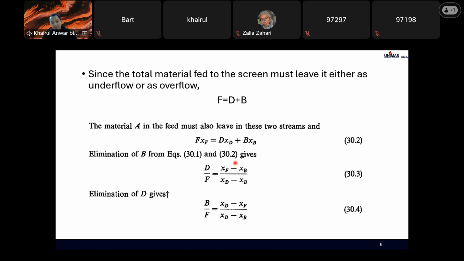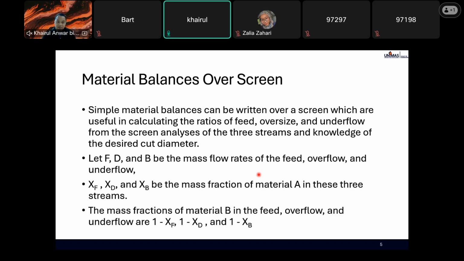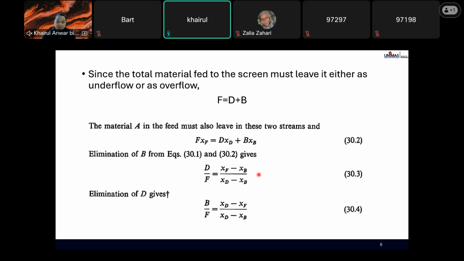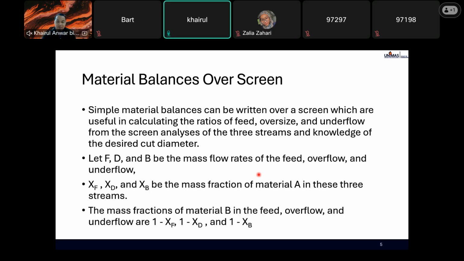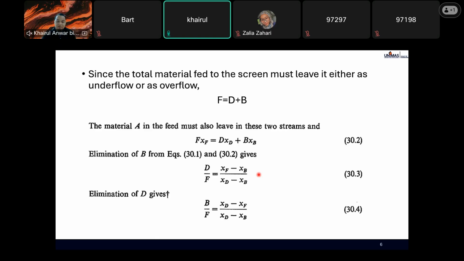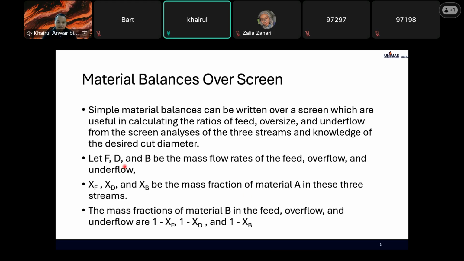So after this, the equation, D over F is what we call the ratio of feed. So the ratio of overflow to feed. B is the underflow.